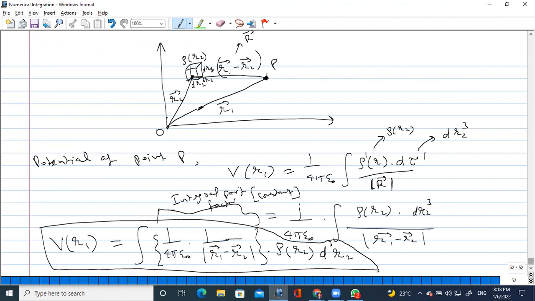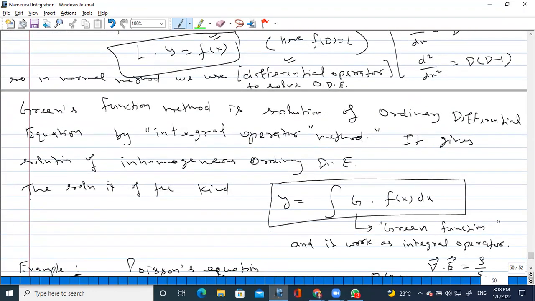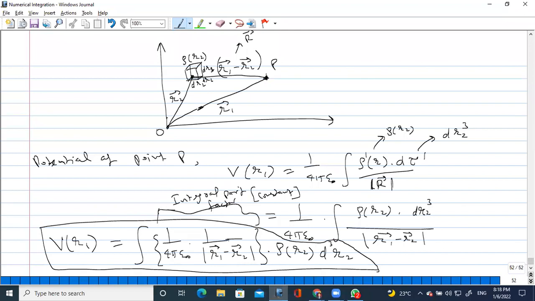You can say our Green function works as an integral operator and it is constant also. In the integral with the function, whatever constant part is there is known as the integral operator, and that is named as the Green function. So here it works as the Green function. Note down this.